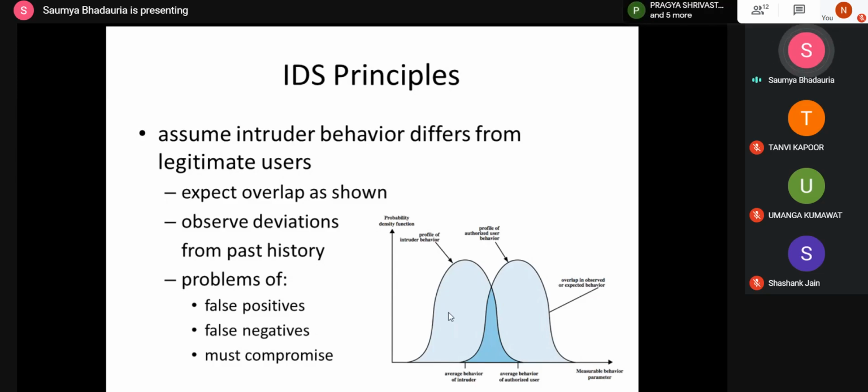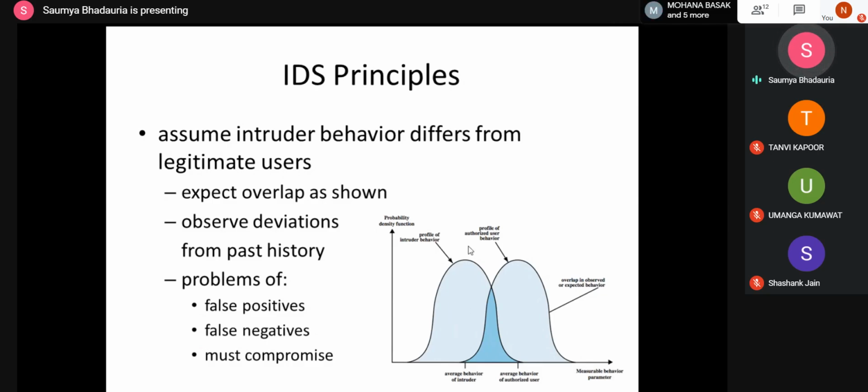So what we can say is that a loose interpretation of intruder behavior, which will catch more intruders, will also lead to a number of false positives. Clear? These would be referred to as false alarms, where your authorized users are identified as intruders.